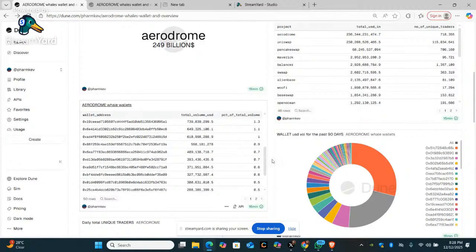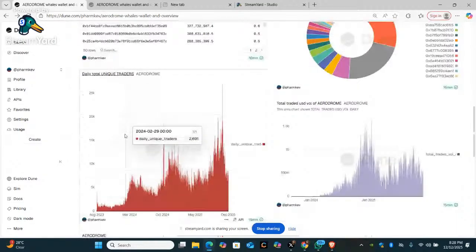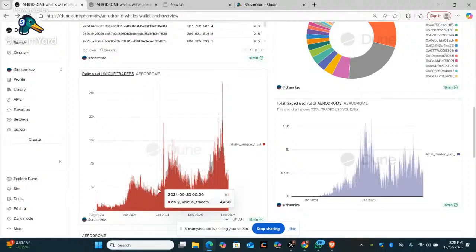So this chart here shows us the increasing amount of unique traders.